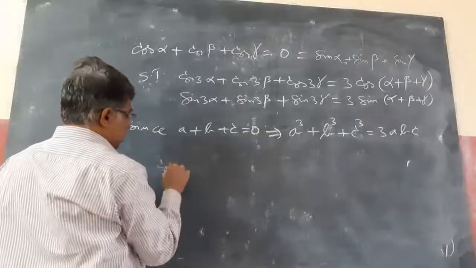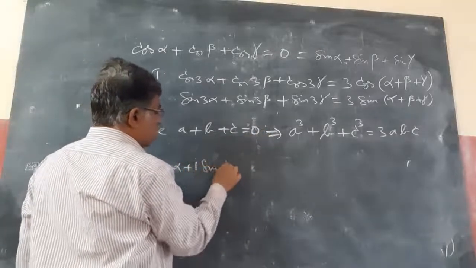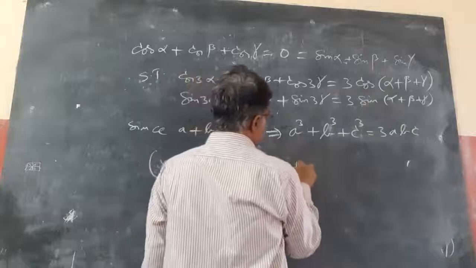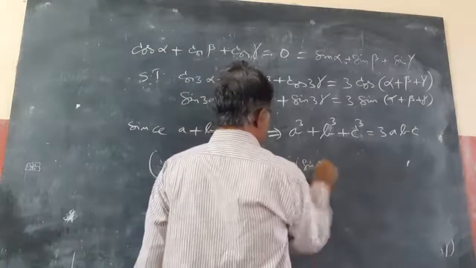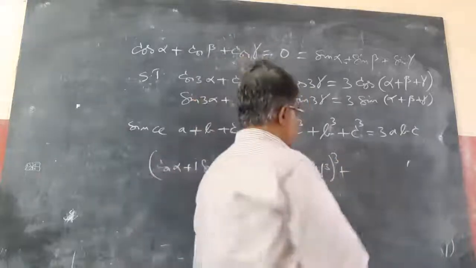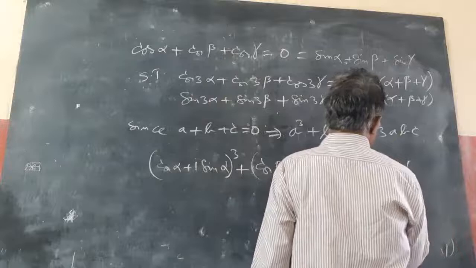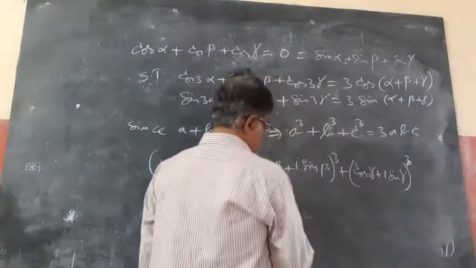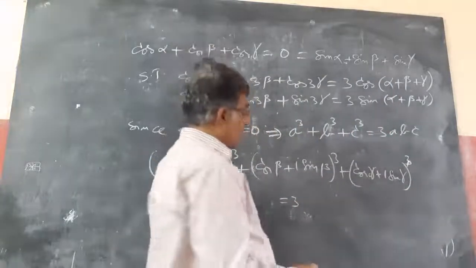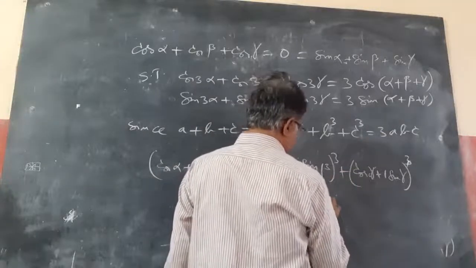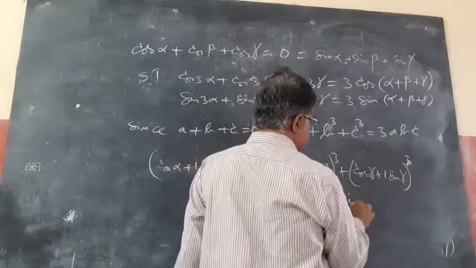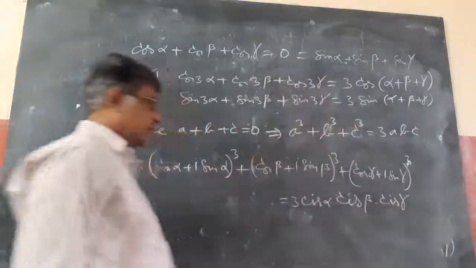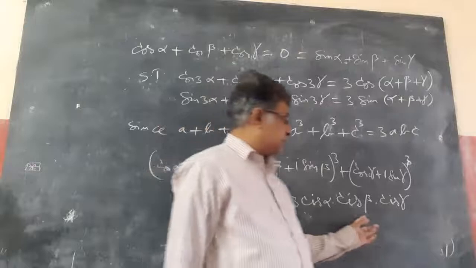So A cube means cos alpha plus I sin alpha whole cube, plus B cube is cos beta plus I sin beta whole cube, plus C cube is cos gamma plus I sin gamma whole cube, equal to 3ABC, means 3 into A, which is cos alpha plus I sin alpha, B is cos beta plus I sin beta, and C is cos gamma plus I sin gamma. So 3ABC is 3 into the product of these three.